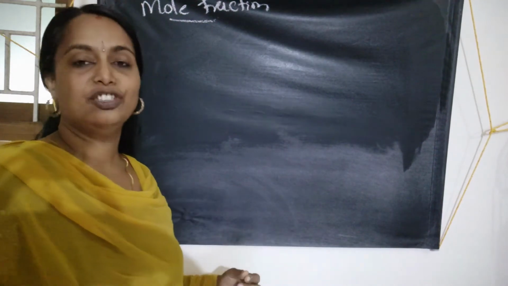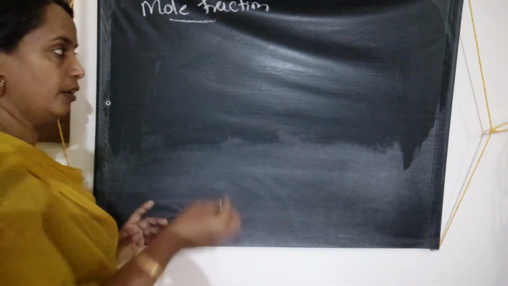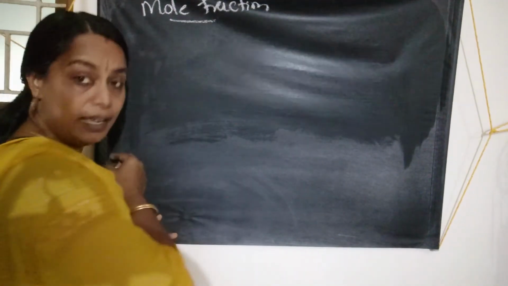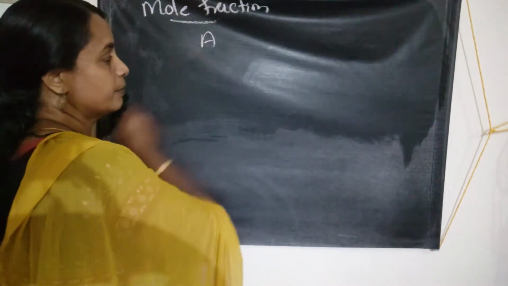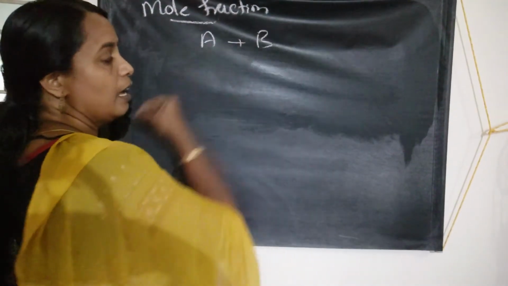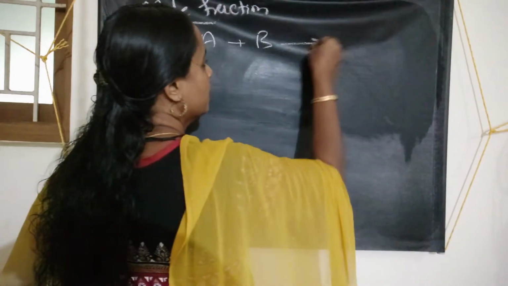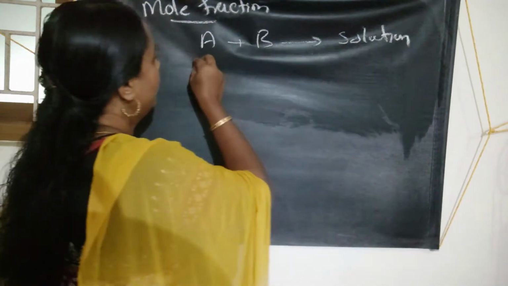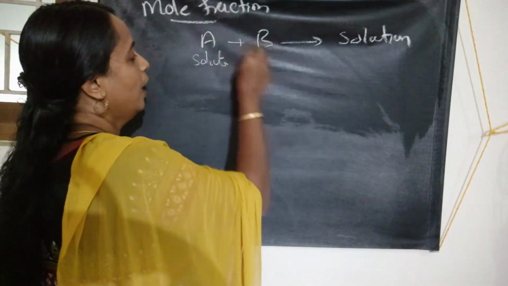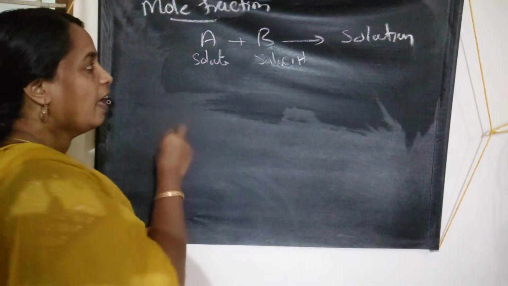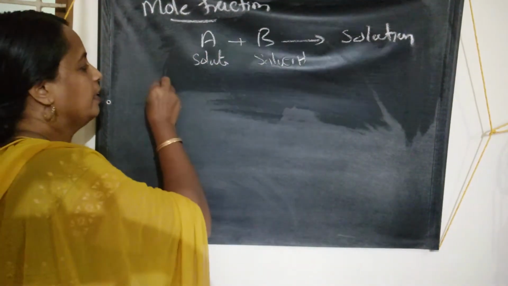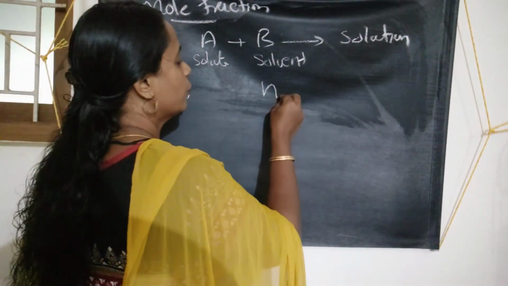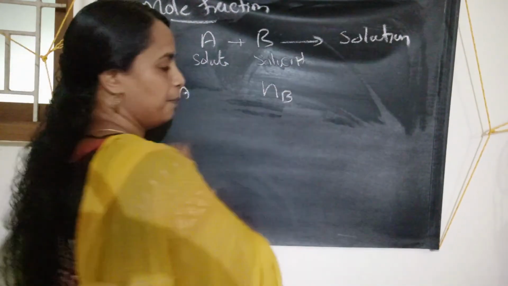And for this binary solution, let A be the solute and B be the solvent making the solution. Let the number of moles of A be represented by Na, and the number of moles of solvent by Nb.